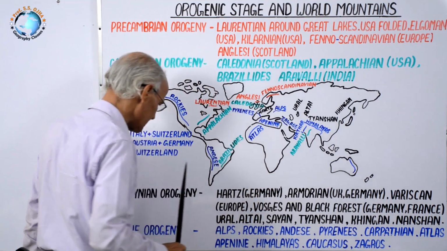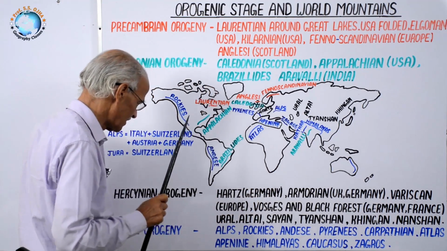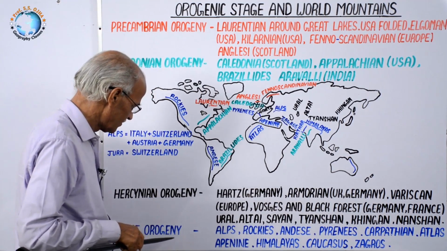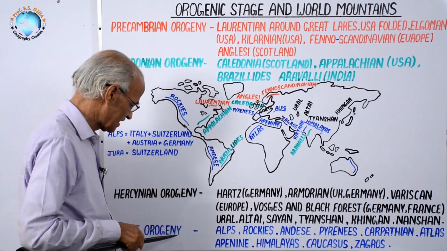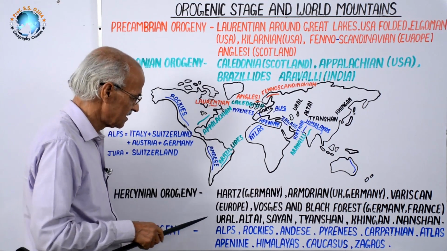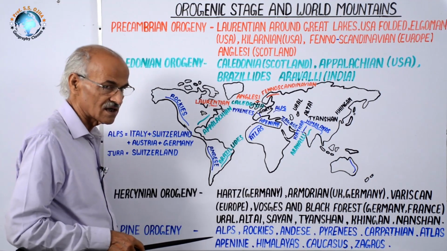Now, the last phase of mountain orogeny means folding occurred in alpine orogeny, which is also called tertiary orogeny, that is still going on, means these mountains are still rising.